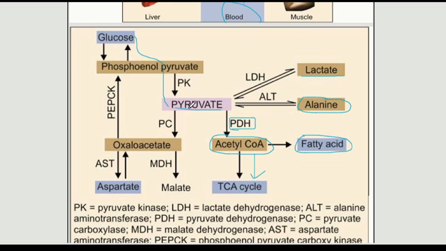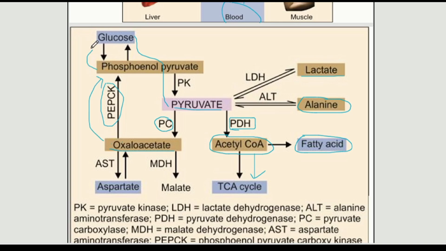Now this pyruvate has different fates. So what are the fates? Fates of pyruvate: lactate, alanine, and acetyl CoA that goes into the TCA cycle. This is the pyruvate carboxylase enzyme. That pyruvate carboxylase enzyme is converting pyruvate into oxaloacetate. That oxaloacetate, with the help of the phosphoenol pyruvate carboxykinase enzyme, is again converted into phosphoenol pyruvate.